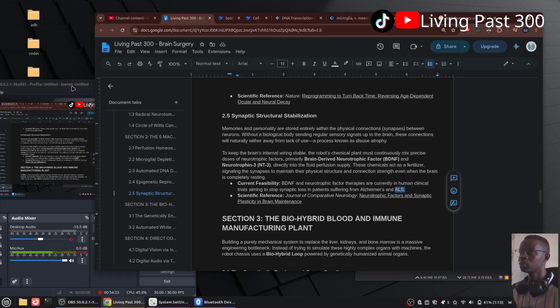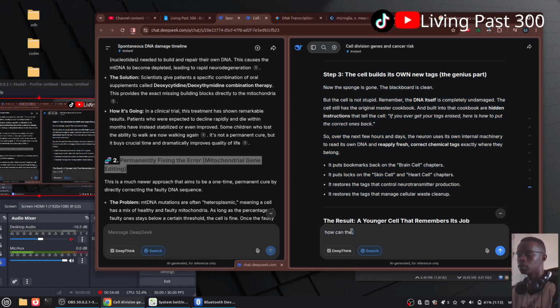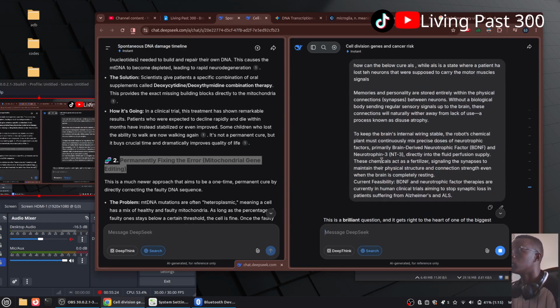And yeah, so I don't understand how this can cure ALS though, because in ALS, okay, so let's ask how this can cure ALS, while ALS means a state where a patient has lost the neurons that were supposed to carry the motor muscle signals.